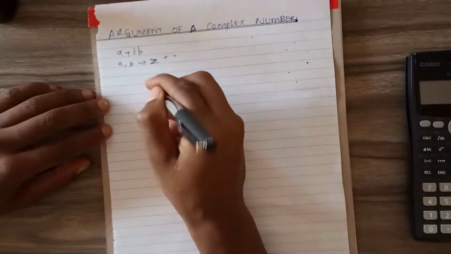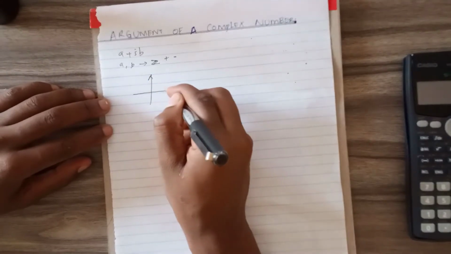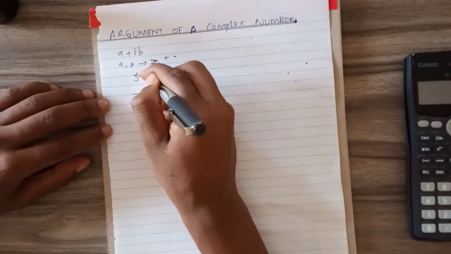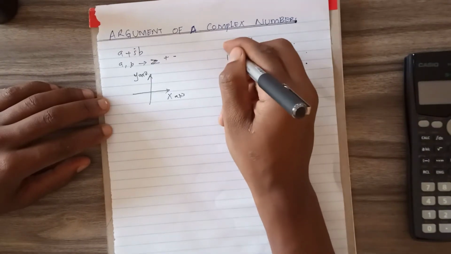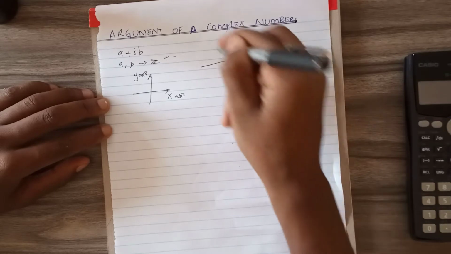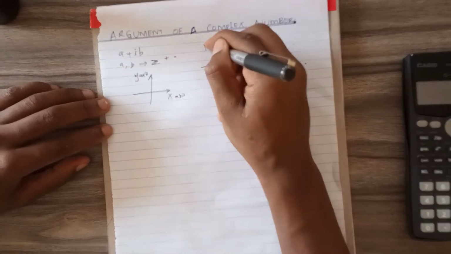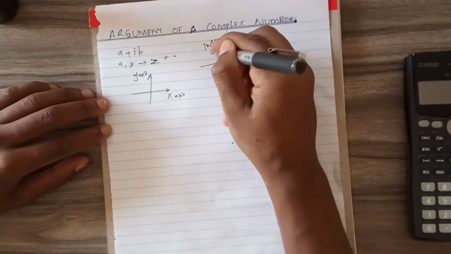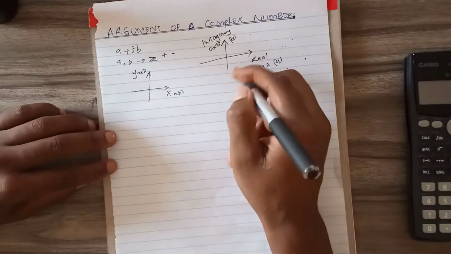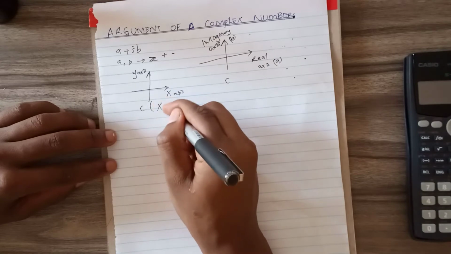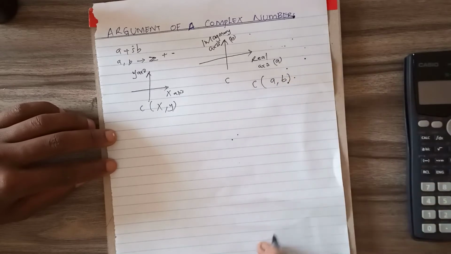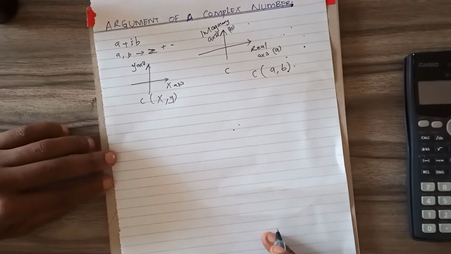On plotting, just as we have our Cartesian plane with the x-axis and the y-axis, in a complex number this is your real axis and this is your imaginary axis, and this is given by a and this is b. So the coordinates will be given just as we have x and y. Our coordinate in this will be a and b, and it should be like that.